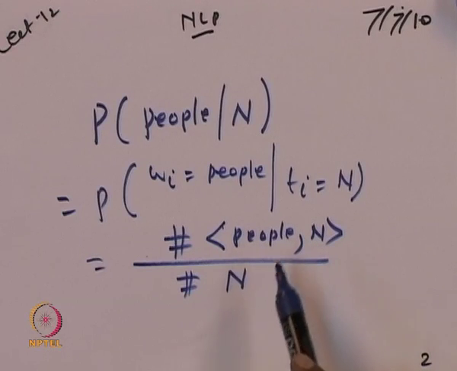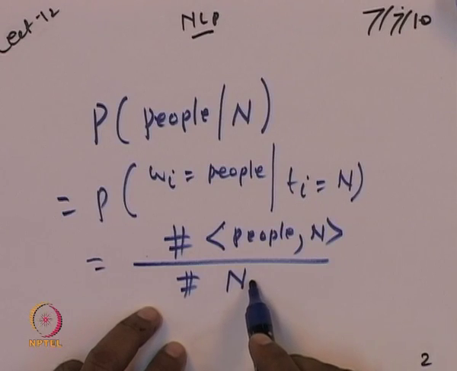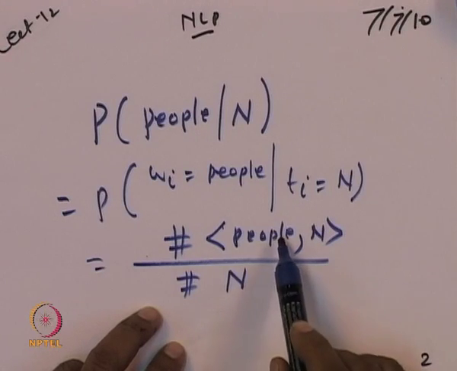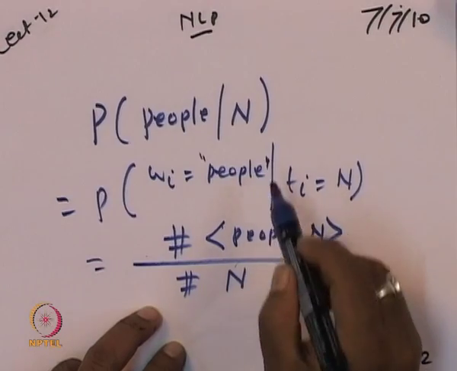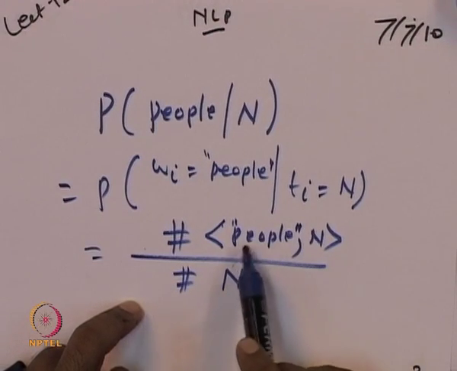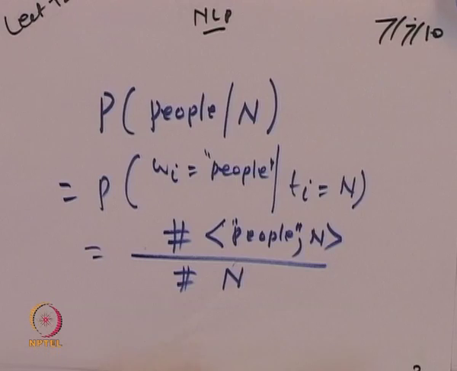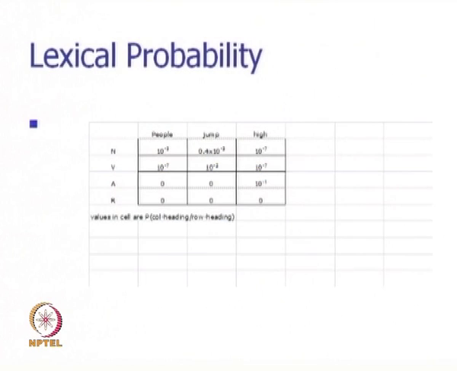In the corpus we will record how many nouns appear, that will give us the denominator, and out of these nouns how many times we have at that position the word people. Okay. So, out of these nouns how many are people? Simply put, that is the question, and this is computed by counting the frequency, and we find that in the slide the number is shown to be 10 to the power minus 5. That means, if there are 10,000 nouns in the corpus, 1 in 10,000 nouns is the word people.